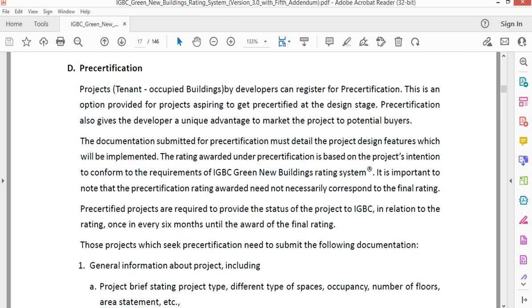For example, during the pre-certification stage, a project could be awarded a gold rated building, but in the final rating it could be awarded a silver rated building. The pre-certified projects are required to provide the status to the IGBC once in every 6 months till the award of the final rating.